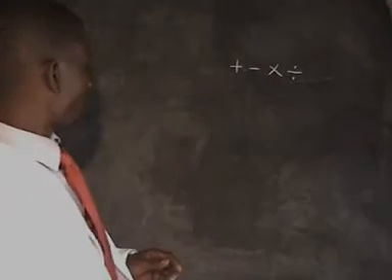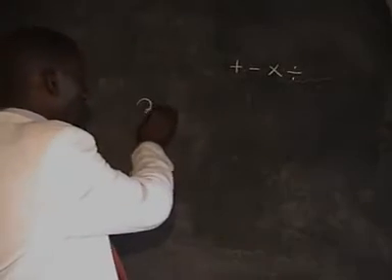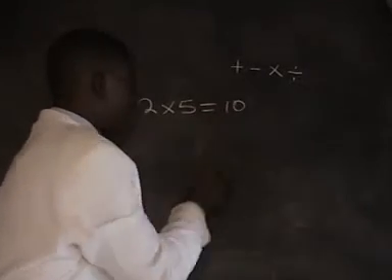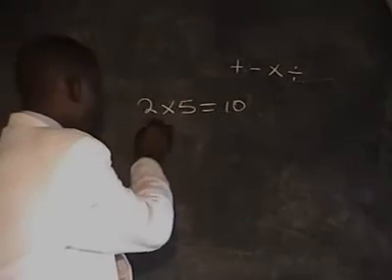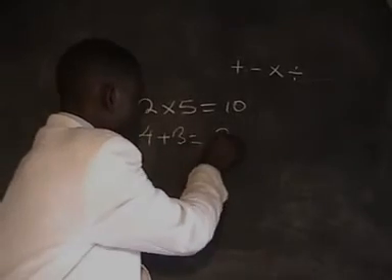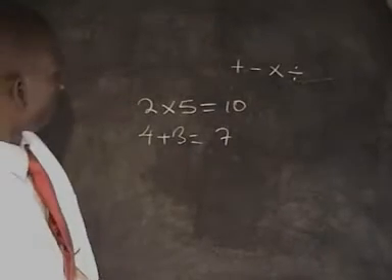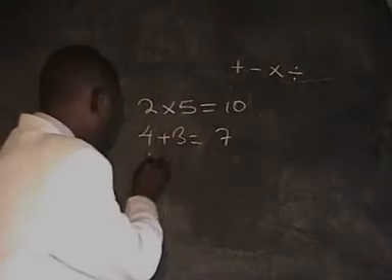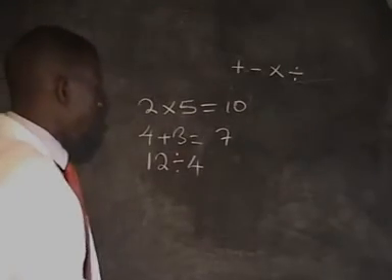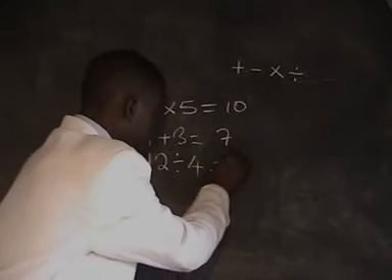Without wasting much of your time, if you have 2 multiplied by 5, the answer is 10. And if you have 4 plus 3, the answer is 7. And if we have 12 divided by 4, the answer is 3.